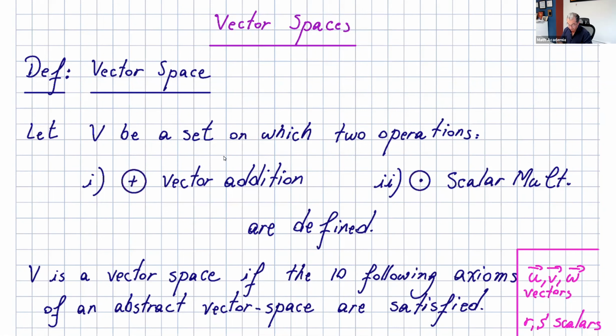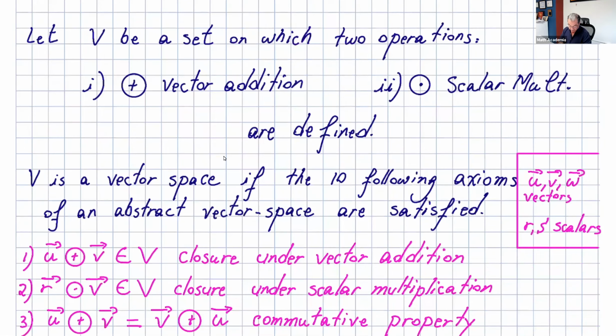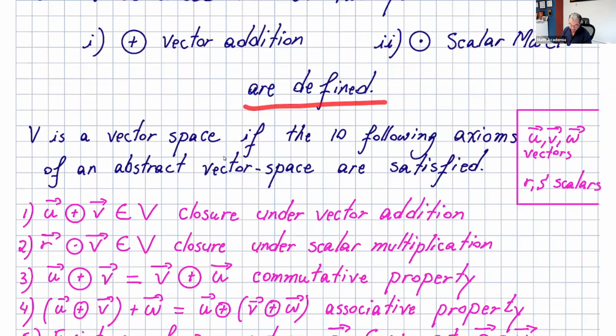V is a vector space if the 10 following axioms of abstract vector spaces are satisfied. So each time you get the question, is this a vector space, you have to check all these 10 axioms.